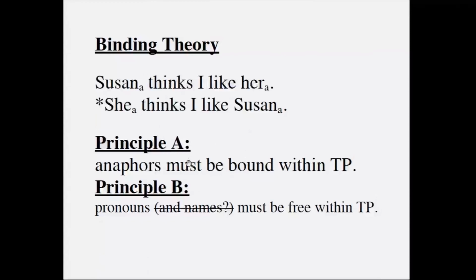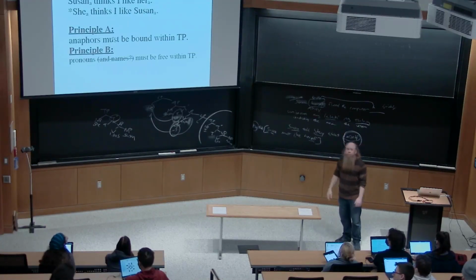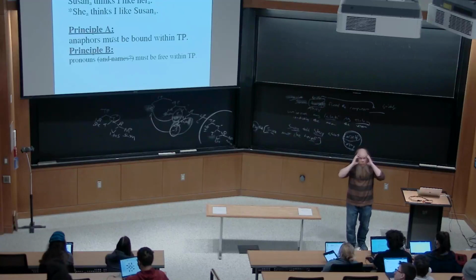But pronouns really are the opposite of anaphors. They need to be free within TP, so Susan thinks I like her, where Susan c-commands her and co-refers with her, so Susan binds her, is fine because although her is bound, it's bound by something that's far away. And that's all right. But in she thinks I like Susan, we're seeing that names do not behave like pronouns.